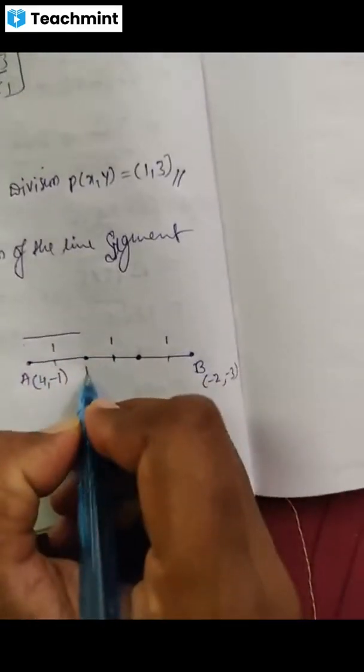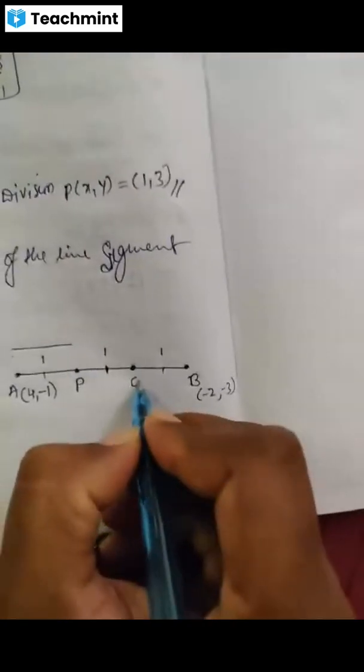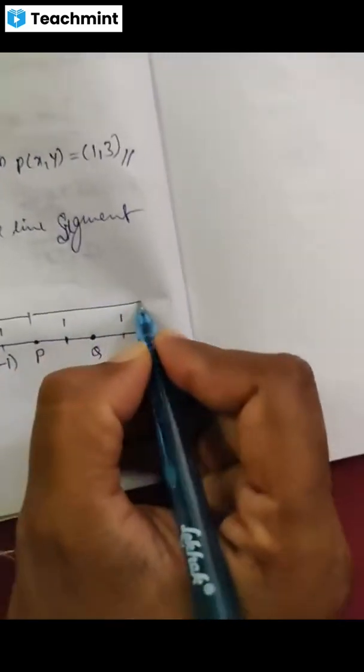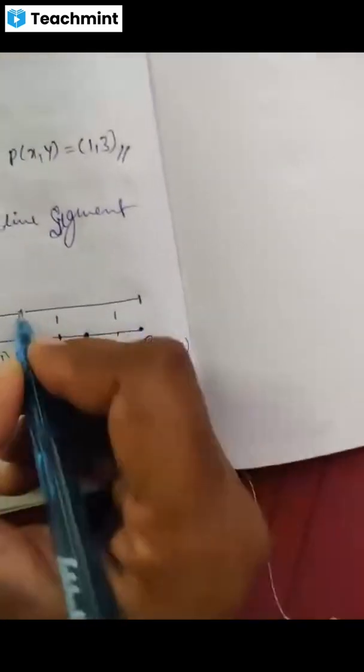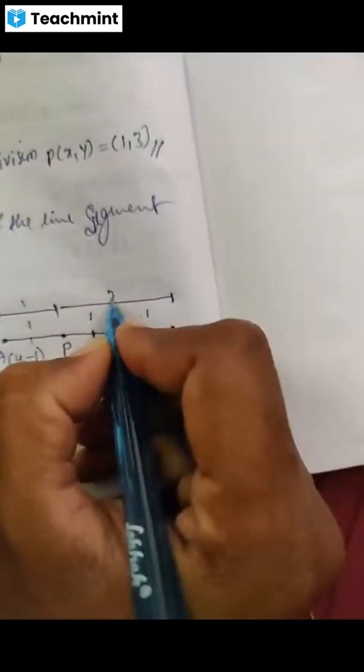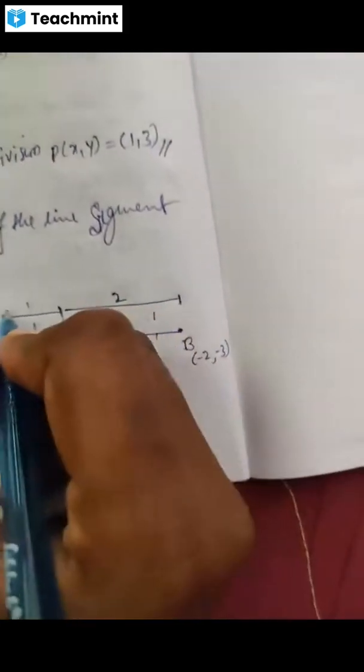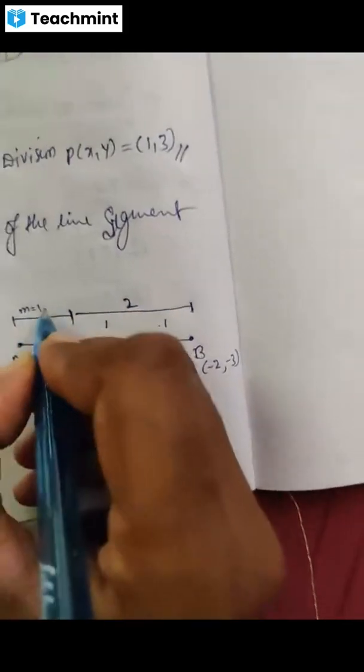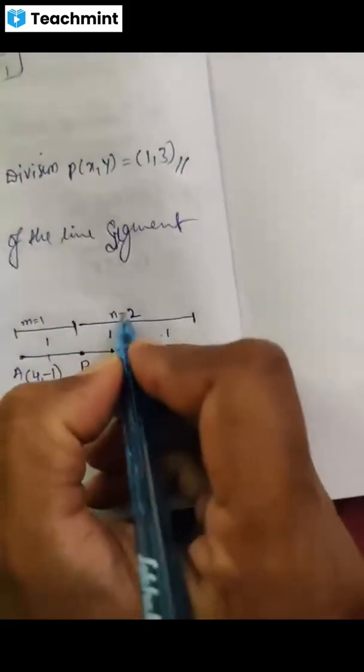If you take this as point P and this as point Q, then from A to P it is 1 unit, and from P to B it is 1 plus 1, 2 units. So you may take m as 1 unit and n as 2 units.